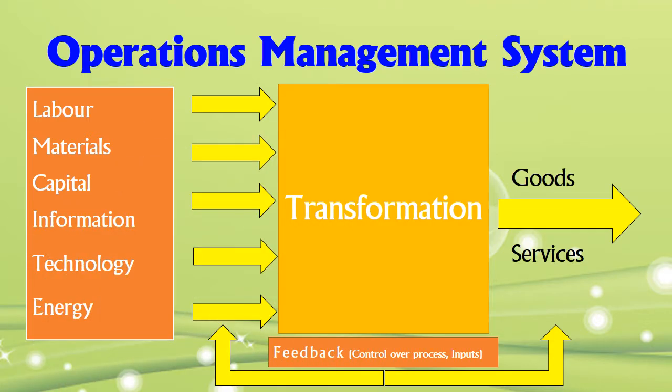This diagram explains the operations management system, which converts the input into goods and services by adding value to it. So we can say that inputs like labor, materials, raw materials, capital, information, technology and energy are used together and transformed or converted into goods and services under a controlled set of conditions.